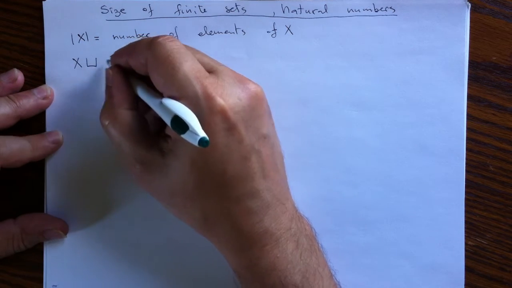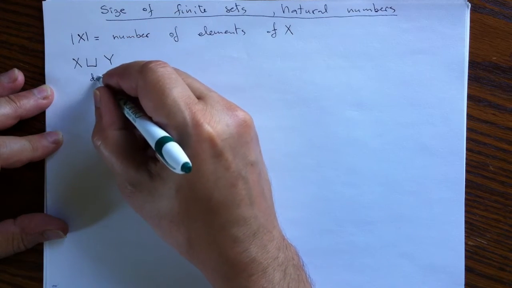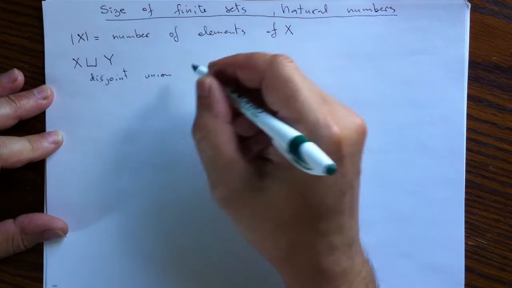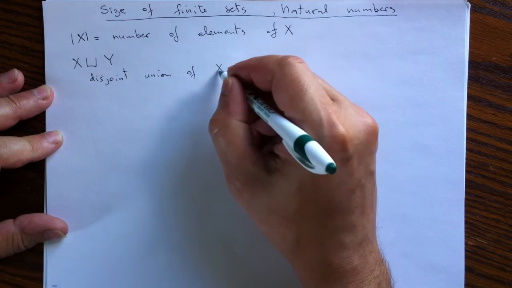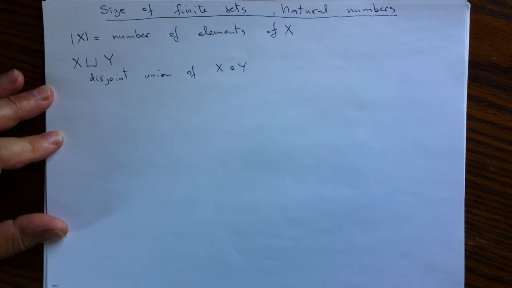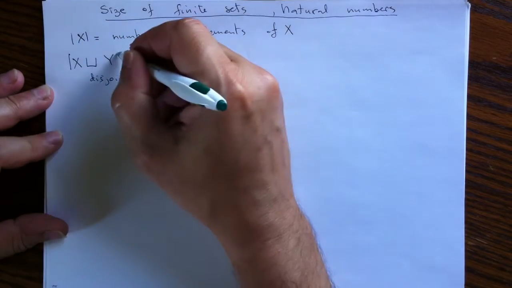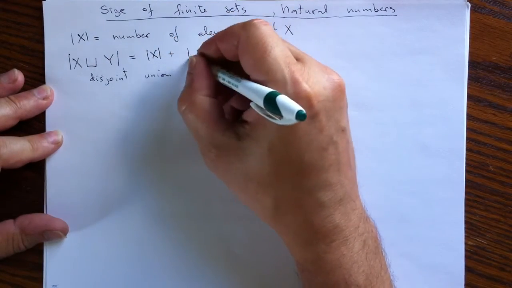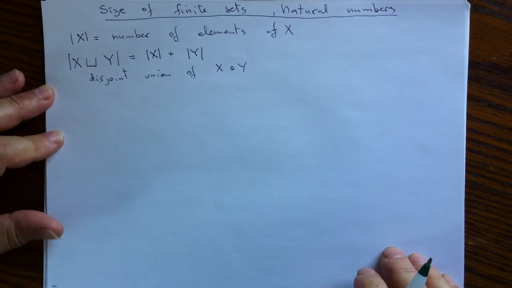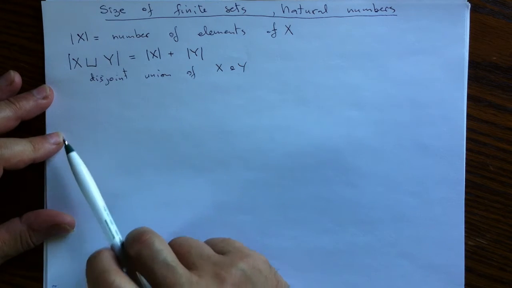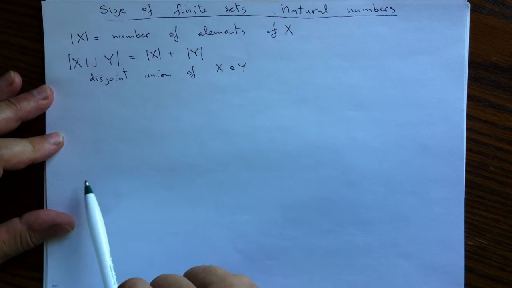One of those operations is a union, or rather disjoint union, of X and Y. That is a set which has elements of X and elements of Y combined, and then the cardinality is what is usually written as a sum of cardinalities of X and Y. But we could really turn it around and say that this is the definition of the sum of two natural numbers. We just imagine sets of their sizes and then take the union.